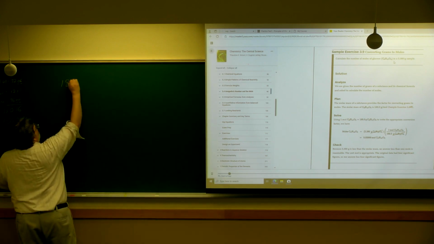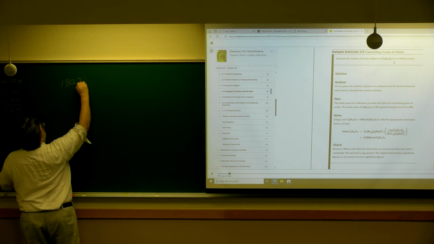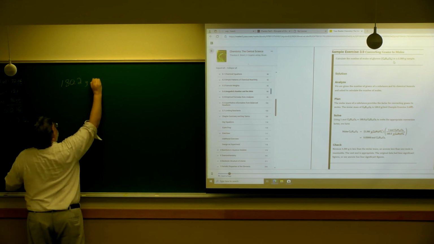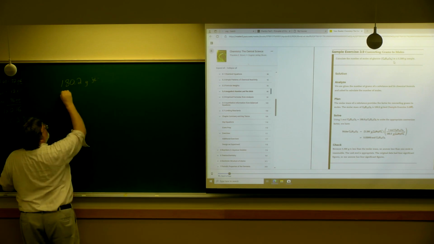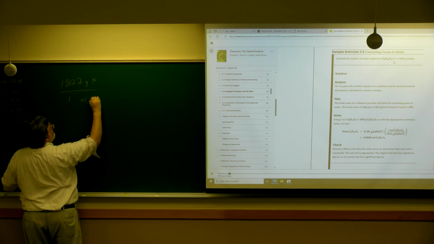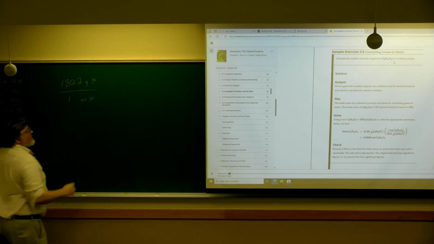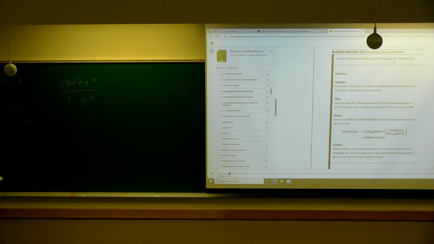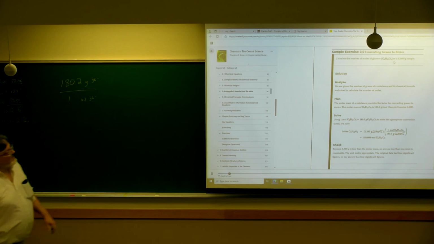But again, I would tell you to do this. Grams, I'll say glucose. So we need that to do this calculation. So you'll always have a periodic table, and if you've got the molecular formula, you can figure out the grams per mole of that molecule. And then the rest is like this.